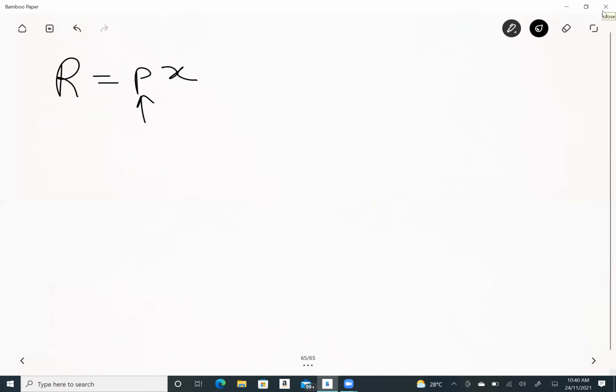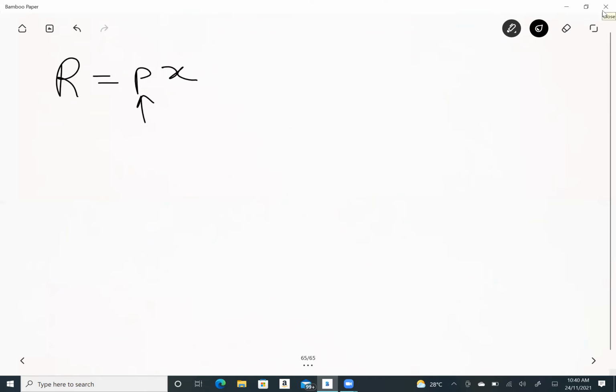We substitute the price, the demand function, equal to negative 0.5x plus 200, into R. So what do we get? You get R equal to negative 0.5x plus 200 multiplied by x.